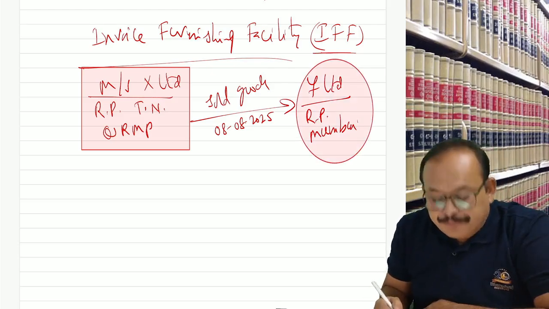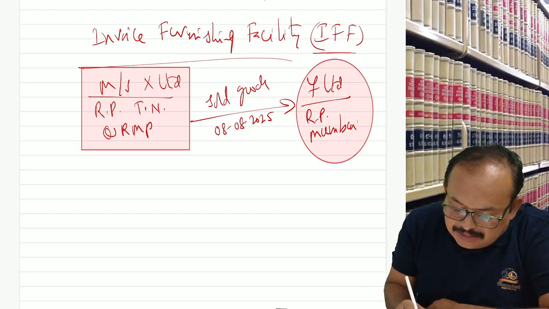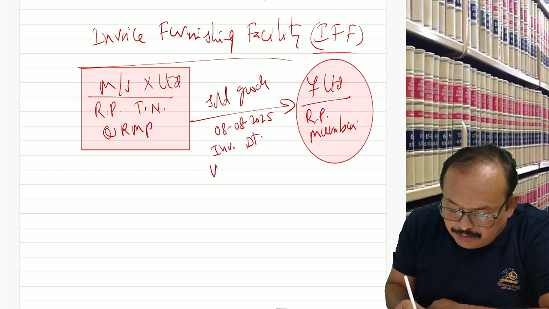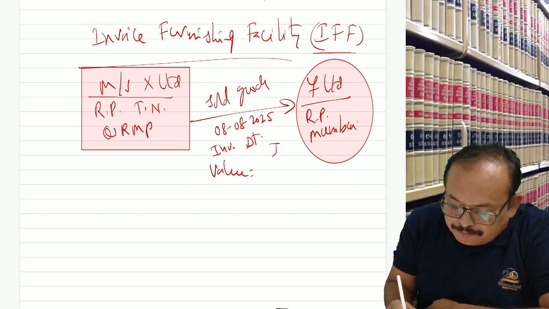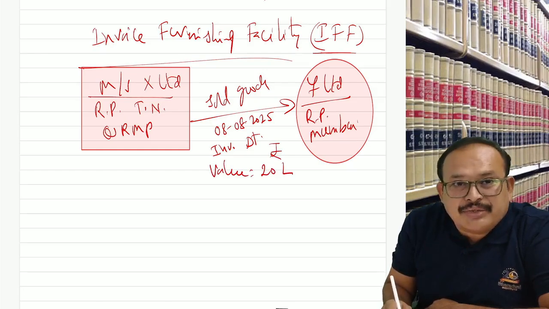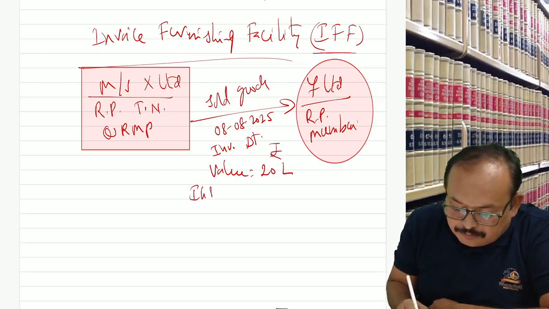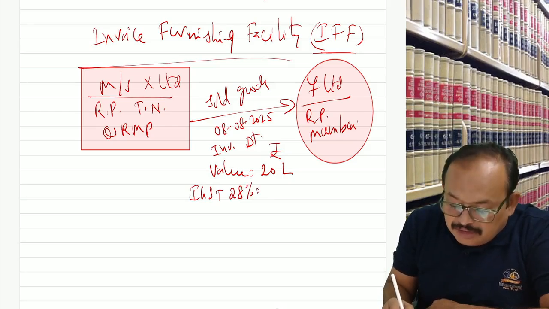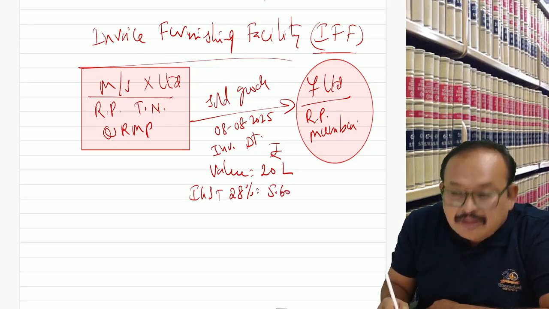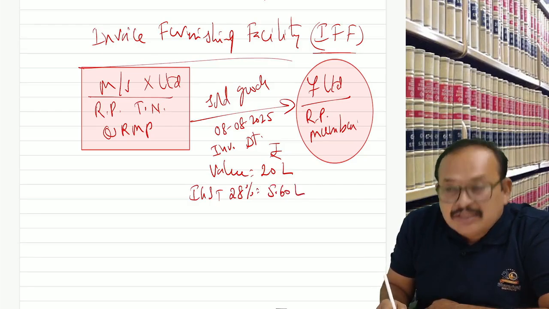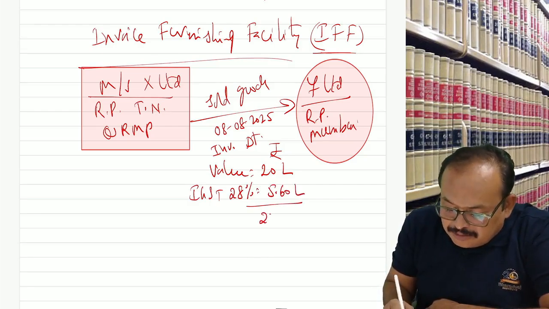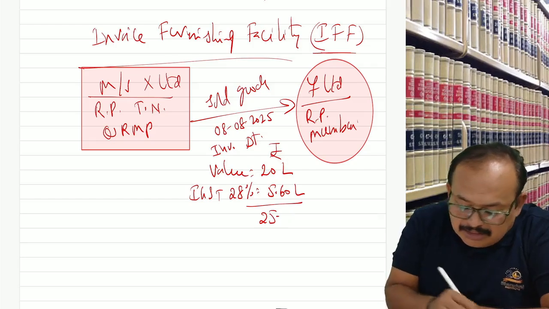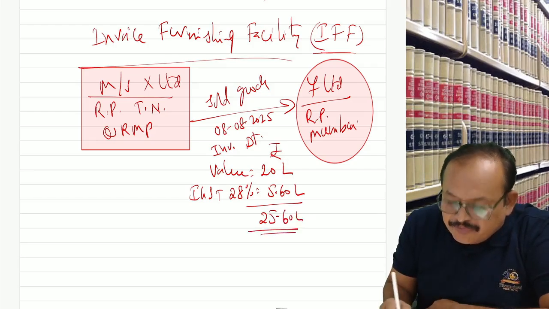Is that clear? Here is the invoice date and value, let us say 20 lakhs. Charge GST at 28%. How much? 5,60,000. Correct, sir. Thereafter, invoice value 25 lakh 60 thousand is clear, the invoice price.